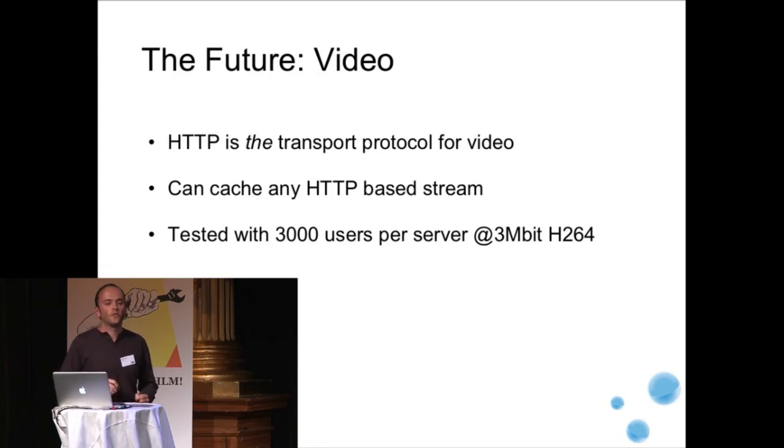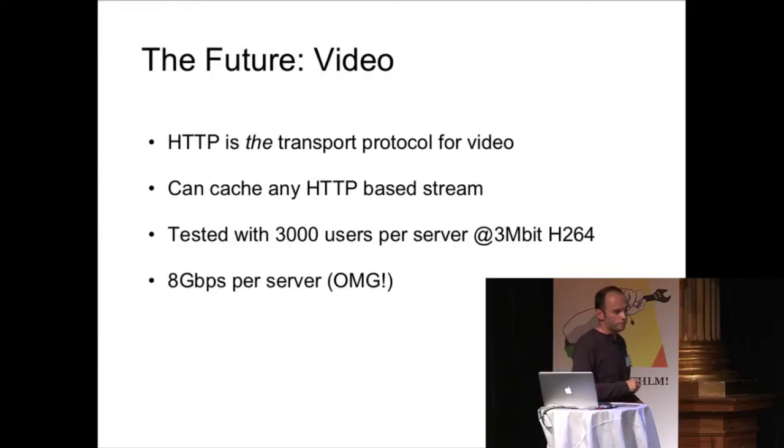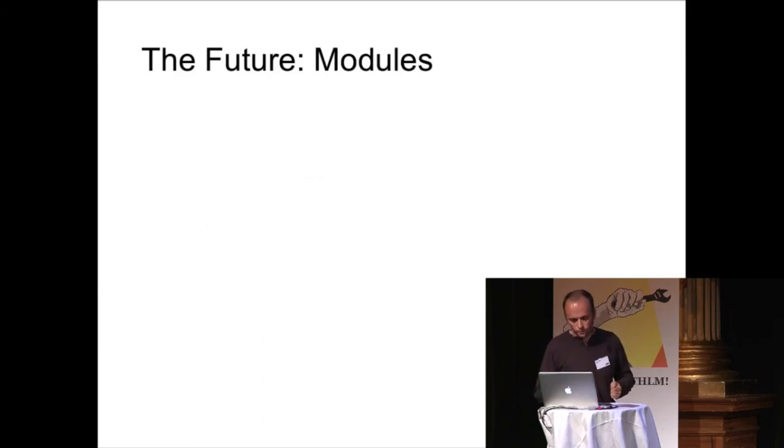I have no idea what the native performance of Internet Information Server is, but I'm guessing it's not anywhere near. That's 8 gigabits of content pushed per second per server. So this is one thing I think we're going to see a lot of in the future.